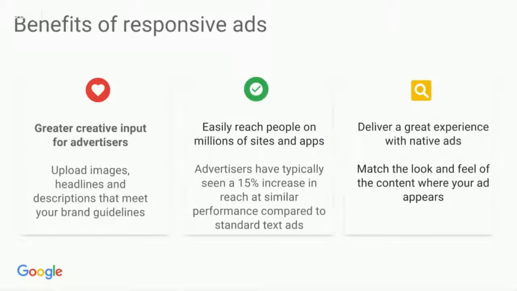Second, in the early tests, we've seen an increased reach for advertisers over standard text ads, which will give you more volume. And third, it also allows you to create a better user experience across your ads. If you are able to render in ways that match the look and feel of the content in which your ad is shown, that's also better for you.